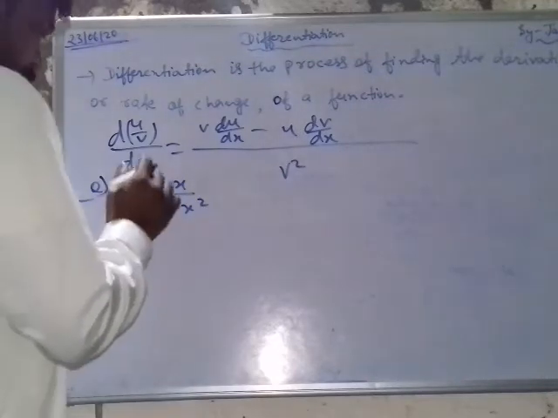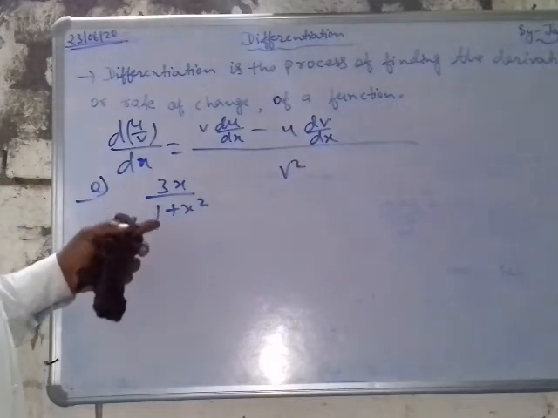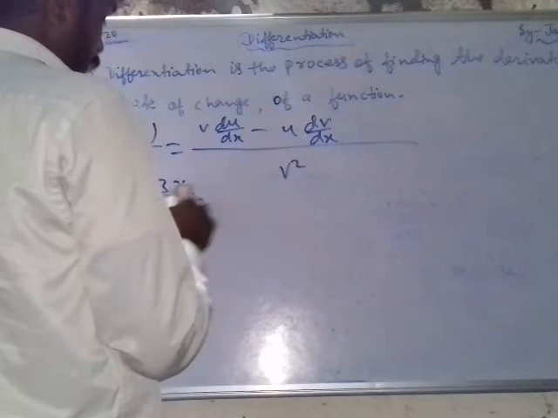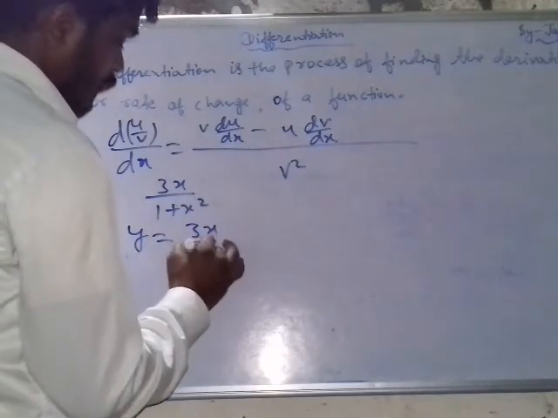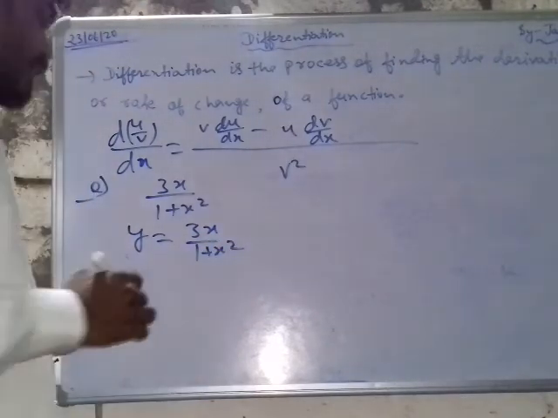If a function is given in the form of 3x by 1 plus x square, then we take y is equal to 3x by 1 plus x square.